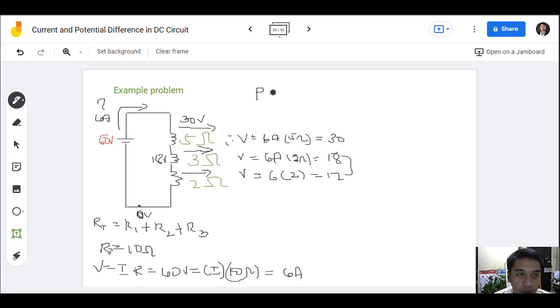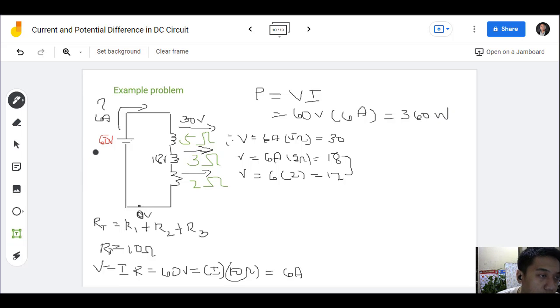So, in power, V times I. So, we have 60 volts, no? And we have 6 amps of current. That will become 360 watts of power. Yan.